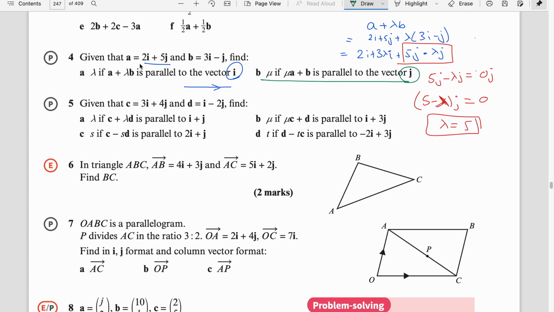So we first copy it and we know that mu times A is 2i plus 5j, plus B, that is 3i minus j. It is parallel to j, so the i part is 0. I'm just copying the i part in the next part, which is (2 mu plus 3) times i, and this is equal to 0. So when it is equal to 0, here you go, 2 mu plus 3 is equal to 0, mu is equal to negative 3 by 2, question finished.